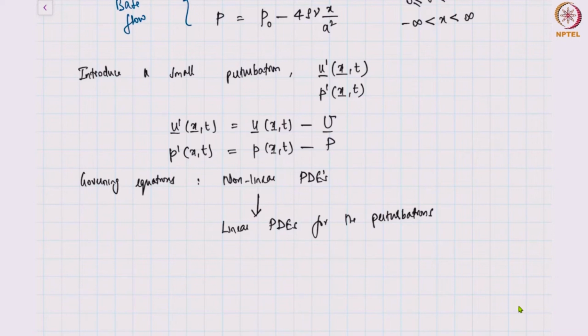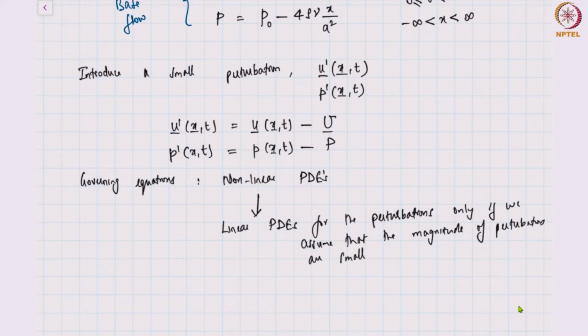Now, I get linear perturbations only if we assume that the magnitude of the perturbations is small. In other words, we will ignore all products of perturbations. That is, here I am writing ignoring product of perturbations.